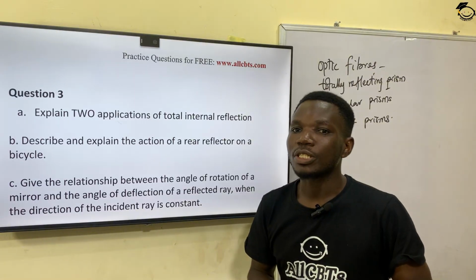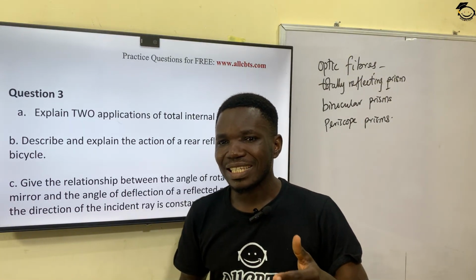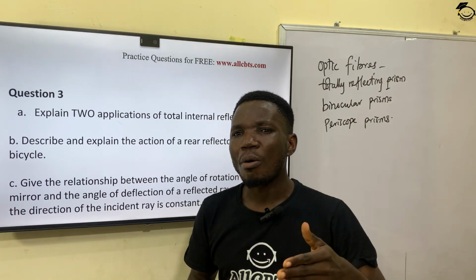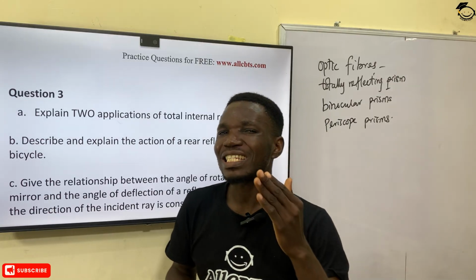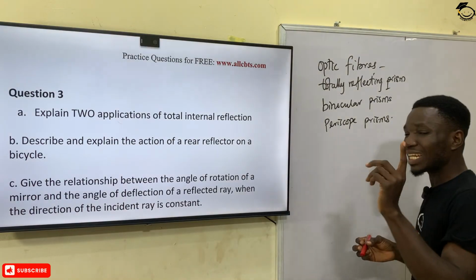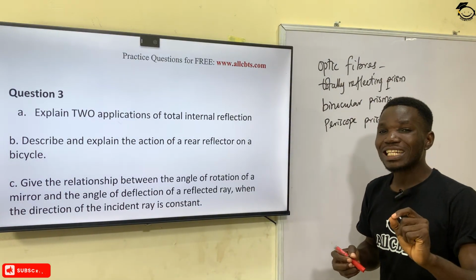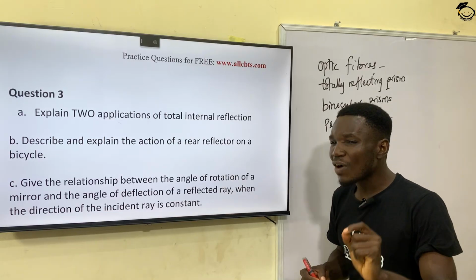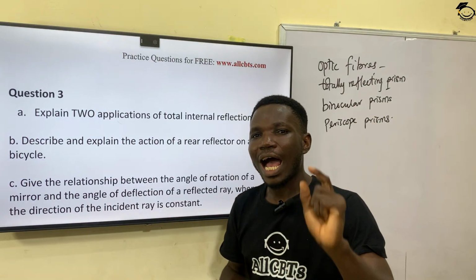Now, your fiber optics: when light is moving from a denser medium to a less dense medium and it strikes the medium at an angle greater than the critical angle, you realize that that particular light suffers what we call total internal reflection.